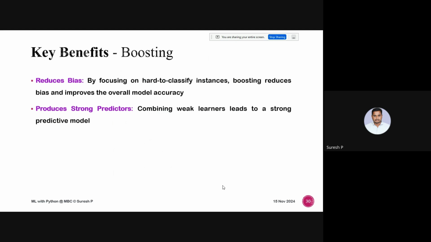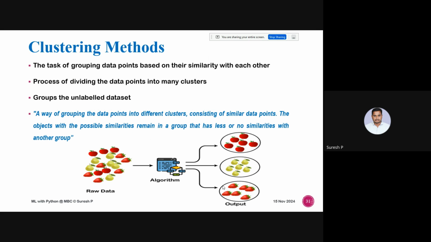That's the concept of boosting. The key benefits of boosting are that it will reduce bias, and it will produce strong predictors.